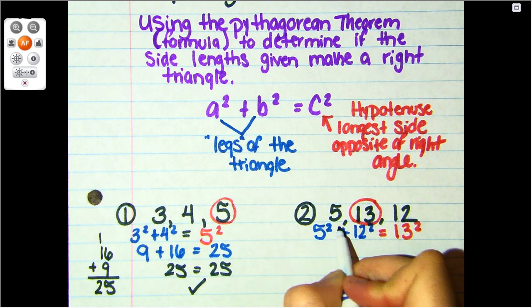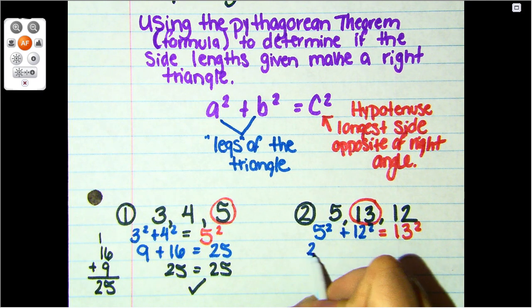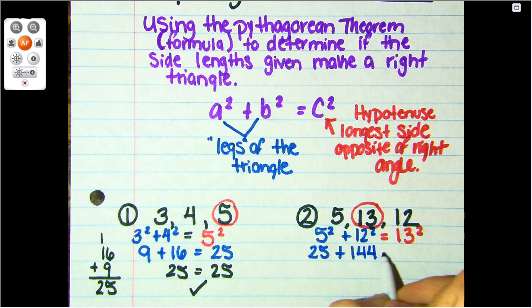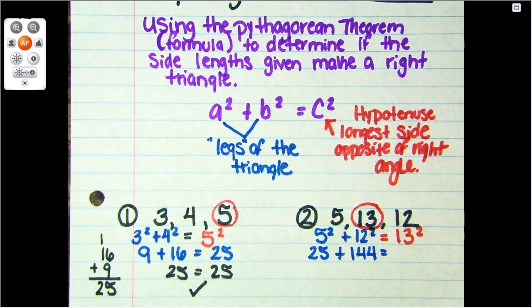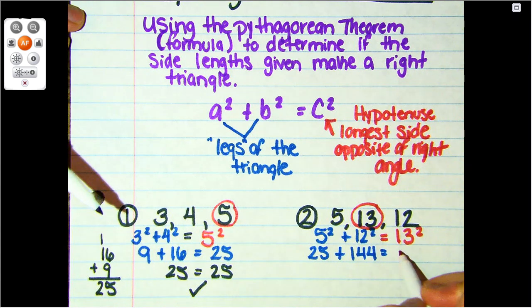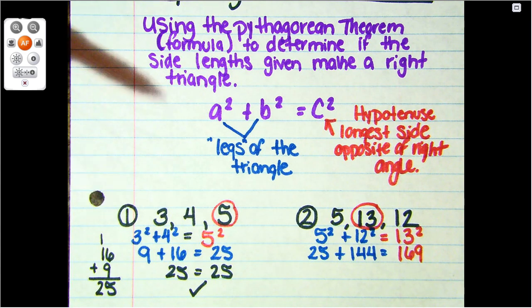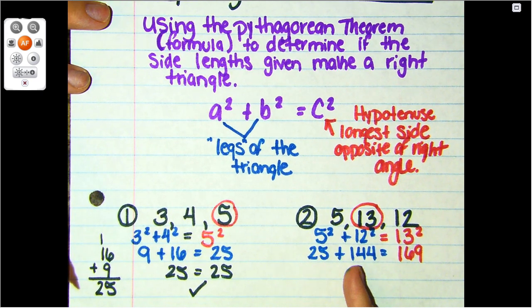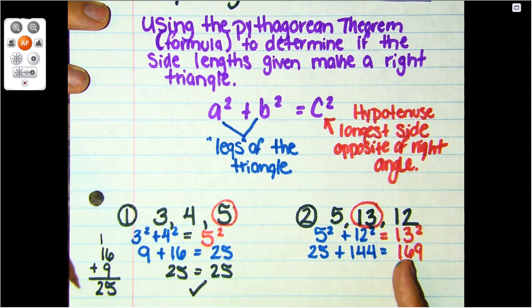I know that 5 squared, or 5 times 5, is 25. 12 times 12 is 144. And 13 times 13, the last time I checked, if I remember correctly, is 169. But I'm going to check that for you. Yes. So what this mathematical sentence, or equation, is saying is 25 plus 144 equals 169.